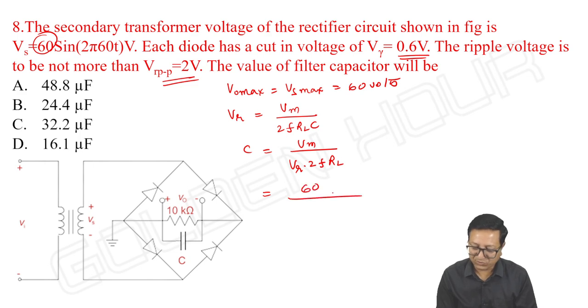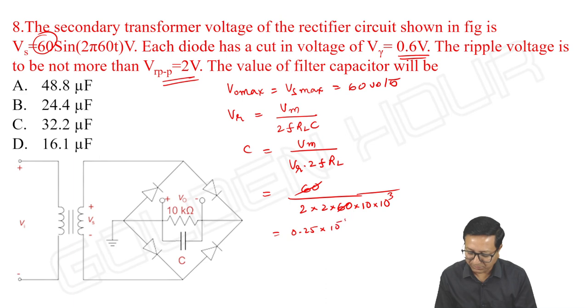Vm is 60, Vr is 2 volts, 2 into F is 60, RL is 10 kilo ohm. 60 cancels, 1 by 4 means 0.25 into 10 power minus 4. So 25 microfarad. Your answer might be 24.4, which is the closest to this 25 microfarad.